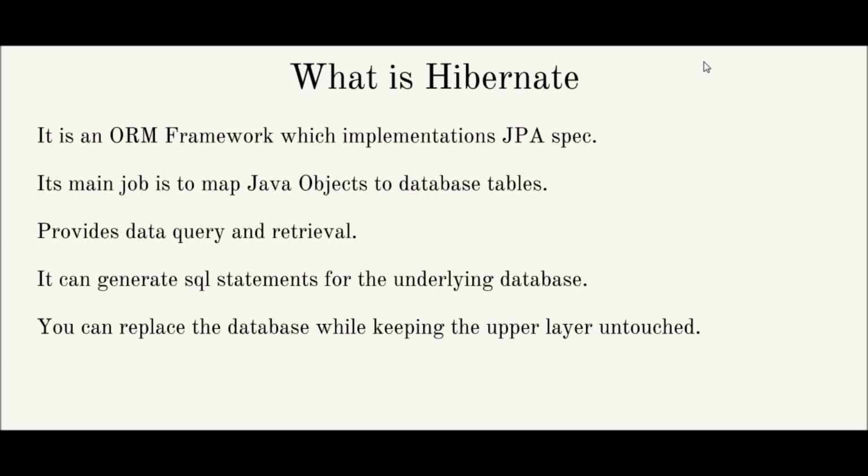It also means that your application can switch the database while the upper layer will be unaware of the changes in the database. So you don't need to change any upper layers. If your application today uses MySQL and tomorrow you want to switch to PostgreSQL or Oracle or SQL Server, your code should not change. The only thing which is going to change is the configuration in the Hibernate configuration file or the mapping file.